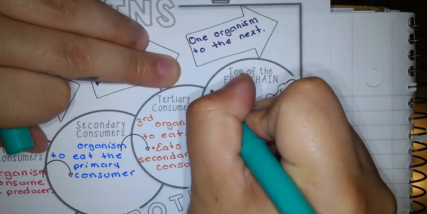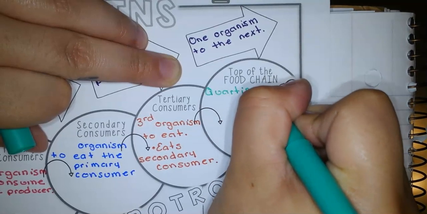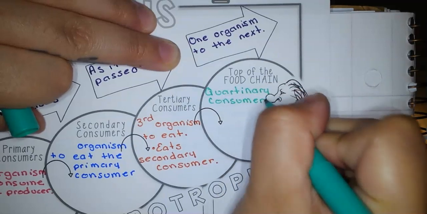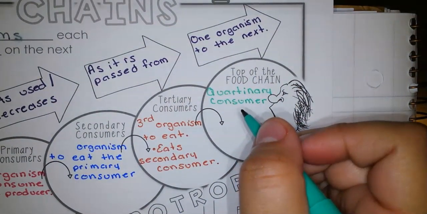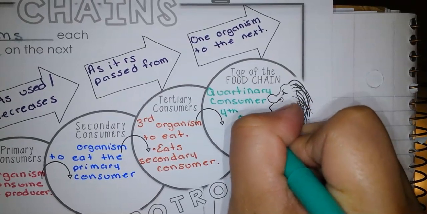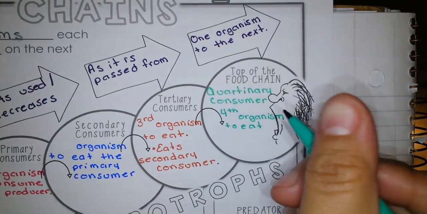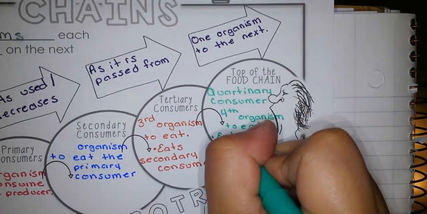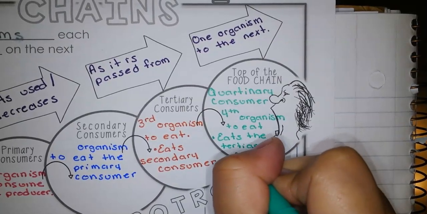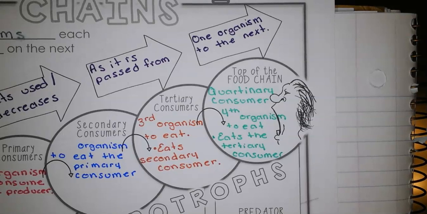Your quaternary consumer is the fourth organism to eat, and it eats the tertiary consumer.